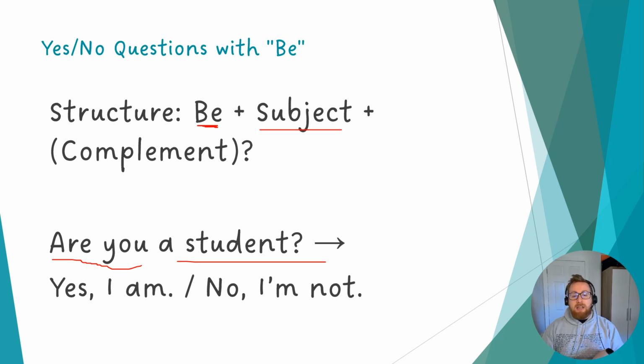So subject and verb will switch positions when we're forming these questions. So you are a student becomes are you a student? And our response would be yes, I am, or no, I'm not. These are examples of ways that we can answer this question.